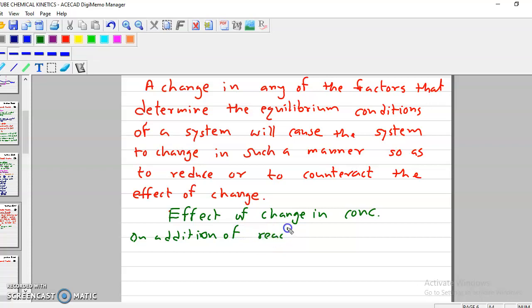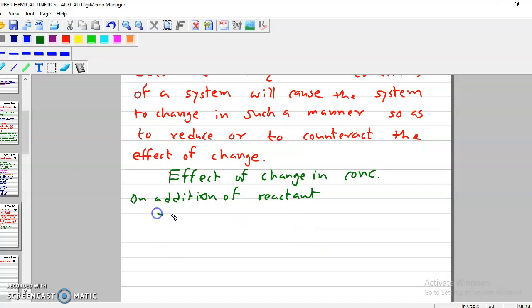That is, on addition of reactant. At equilibrium, if you add reactant, then what happens? Then the rate of forward reaction increases. This is the change. Next, on addition of product, what would happen?